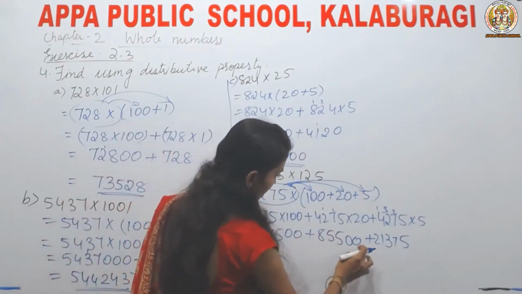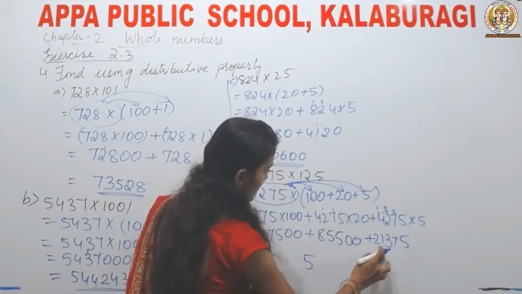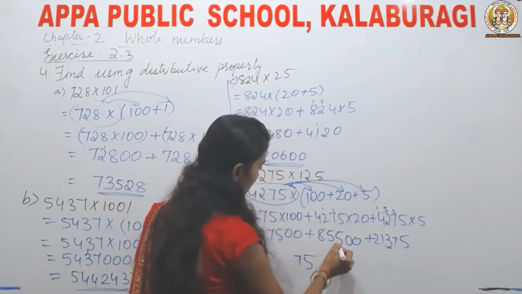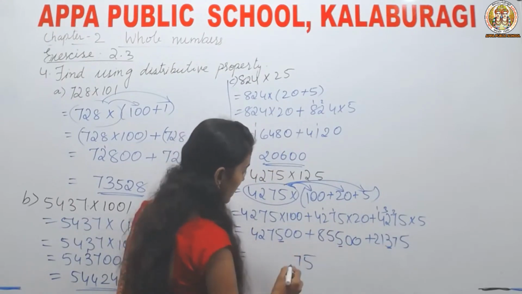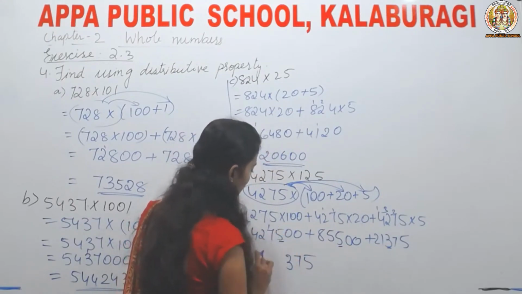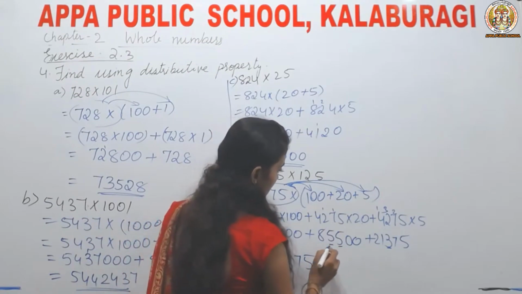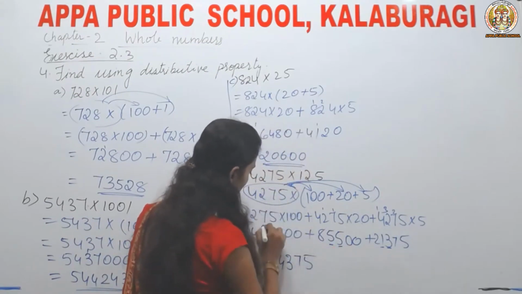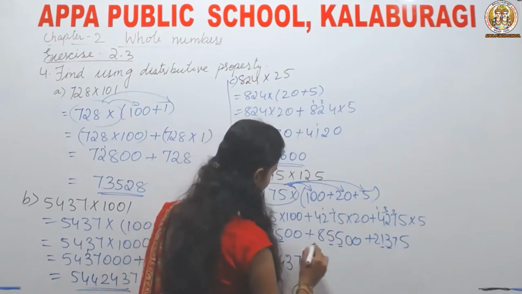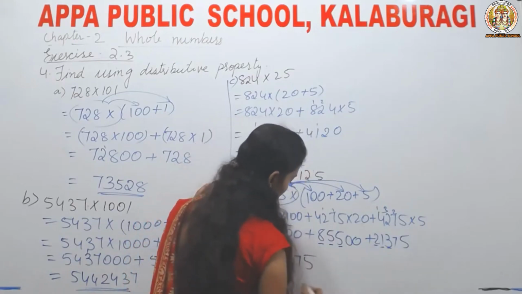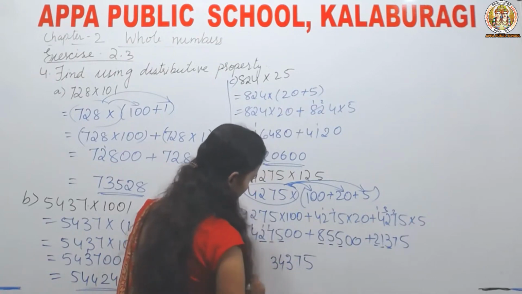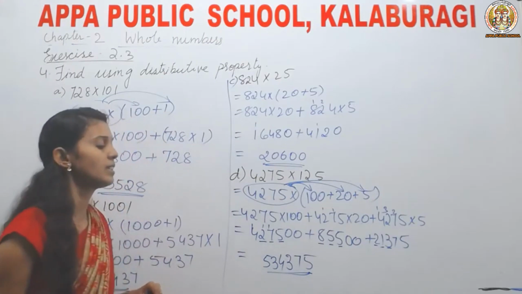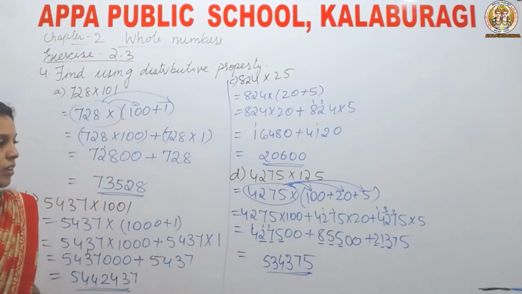Last 5. Next 7. Next 3 plus 5 plus 5, 13. 1 carry. 8. 8 plus 5 13. 13 plus 1 14. 3 11 13, 5. This is the answer.